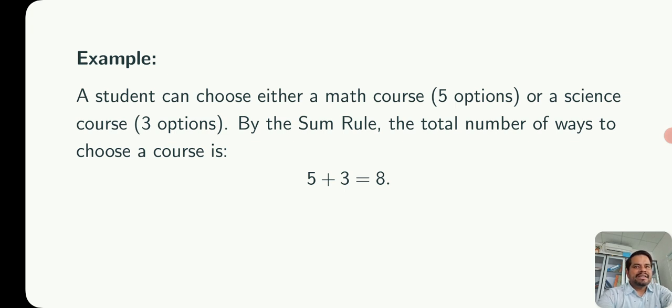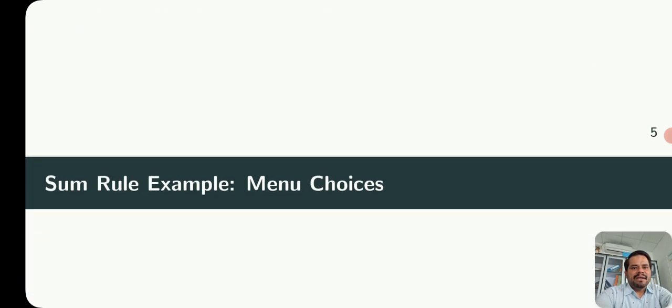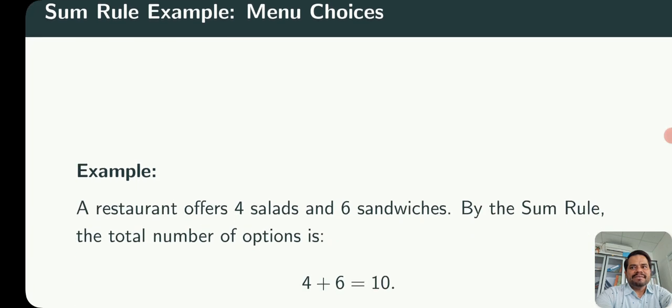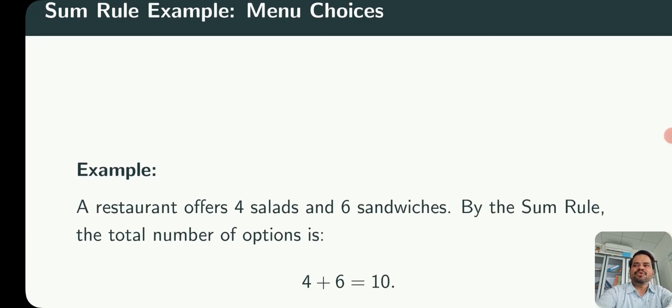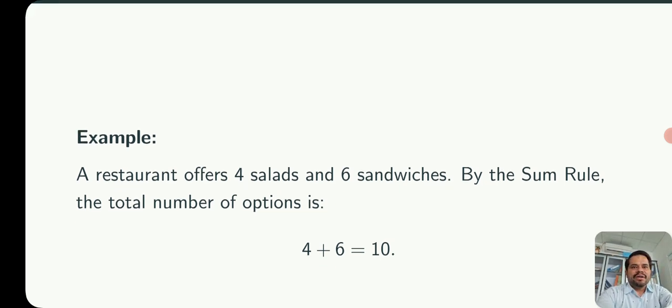I think you understand how this example is applied, and how we can solve it using the sum rule principle, or addition rule principle. Let us see the second example, on menu choice. Consider a restaurant that offers 4 different types of salad and 6 different types of sandwiches.